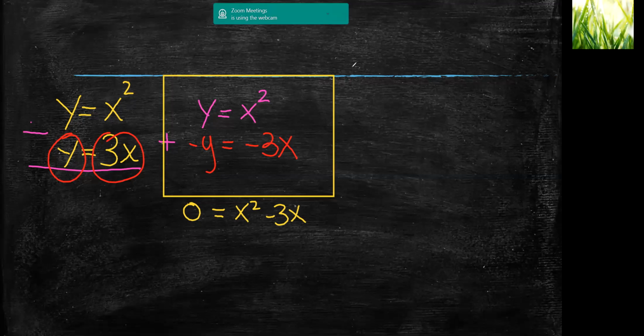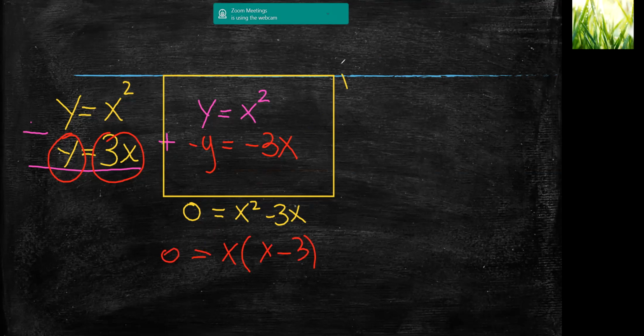We will factorize. How? Shall I use the factoring way? I told you if there's no C, we take the GCF. So let's take x as a common factor here. We have x times (x minus 3) equals 0.